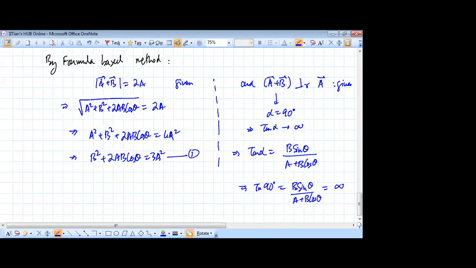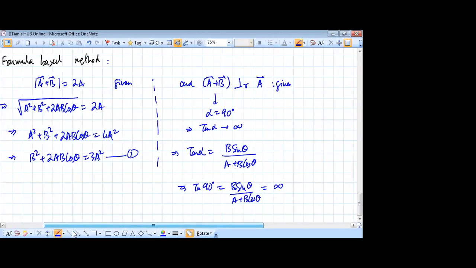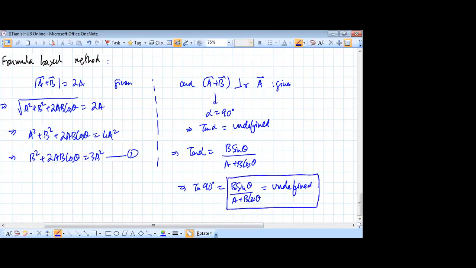Actually, infinity is not the correct term for it. It is undefined. So when is a quantity mathematically undefined? This is my second equation.